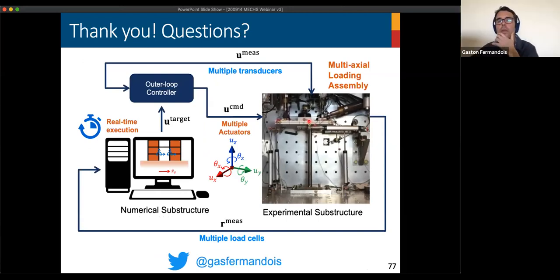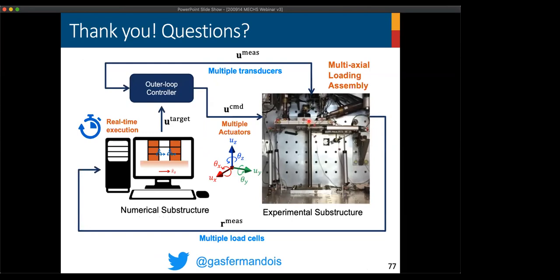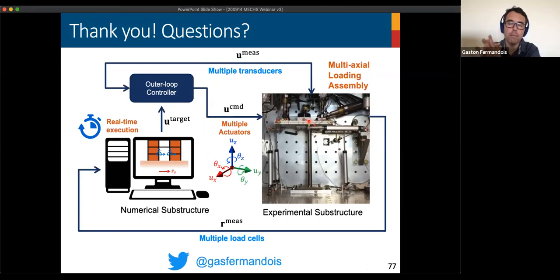That's a good question. It's very interesting. That's related more to the design of the loading assembly itself, right? So in my presentation, I showed different approaches of loading assemblies with multiple actuators. The first and most used in our discipline is the MAST configuration, which is this cruciform platform with 8 actuators.